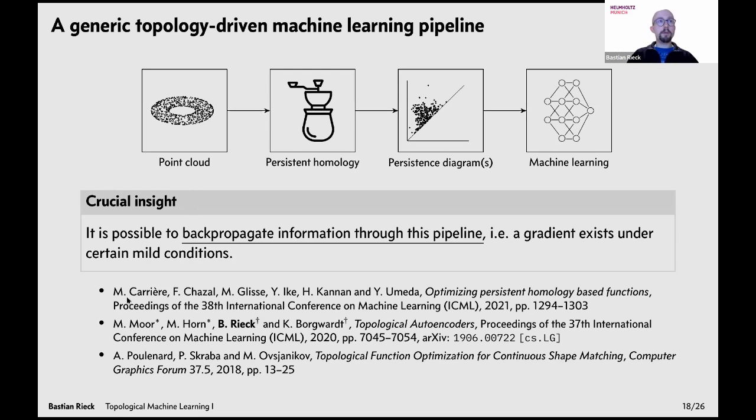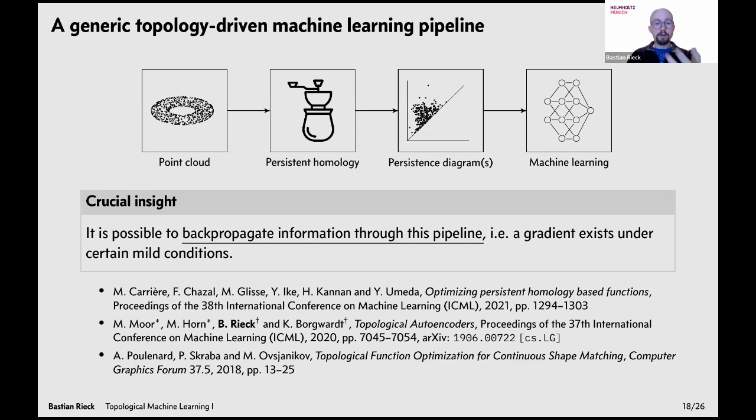I'm going to start with the most relevant one and the most famous one, I should say. Mathieu Carrière and colleagues have written the definitive guide on this. It's called Optimizing Persistent Homology-Based Functions, and it's also an ICML paper. They showed essentially what type of functions and functionals based on persistence diagrams you can optimize in such a fashion.